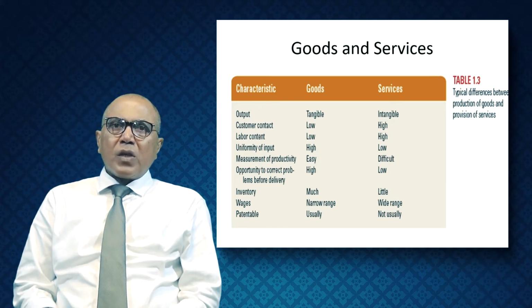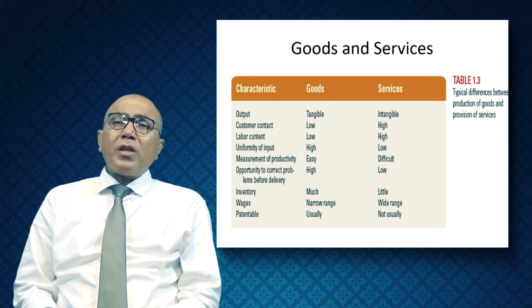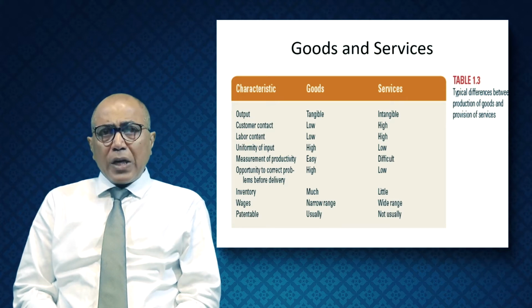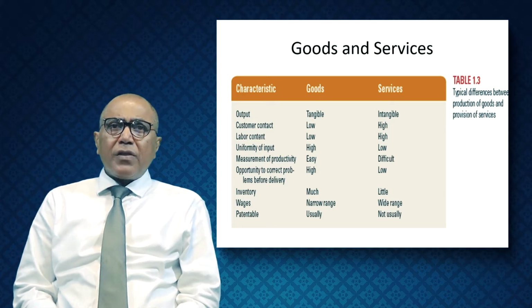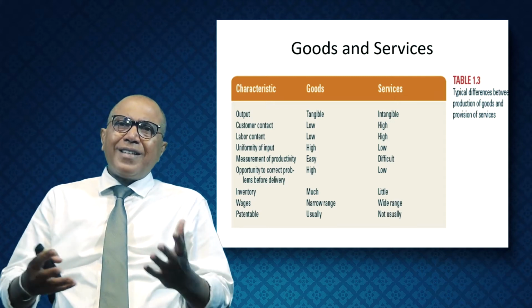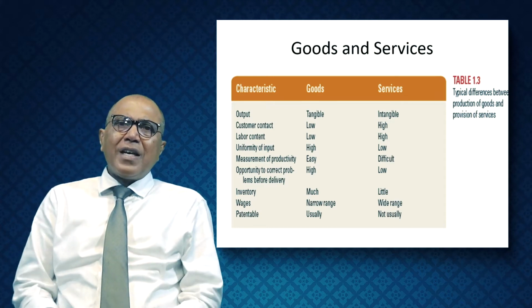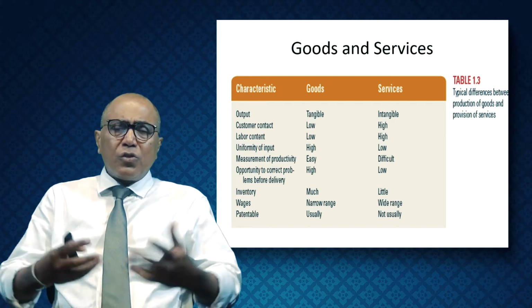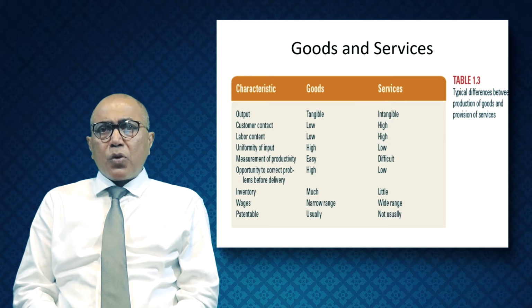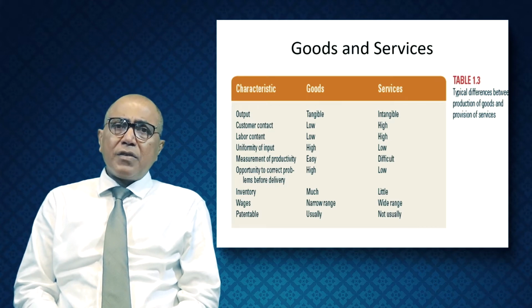But the more important thing is we do more services in healthcare, and customer contact is very high, labor content is very high, uniformity of the input is low because it's not generic for everyone, and it's not a unique shirt that you're going to wear. And measuring productivity is extremely difficult in services, especially in healthcare.